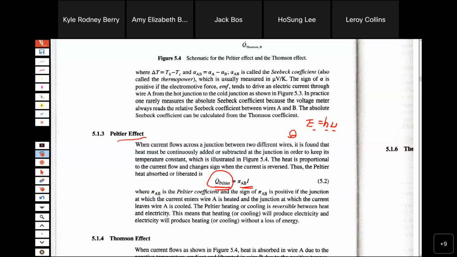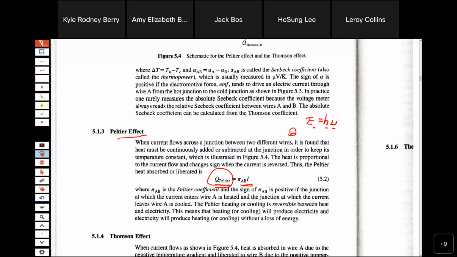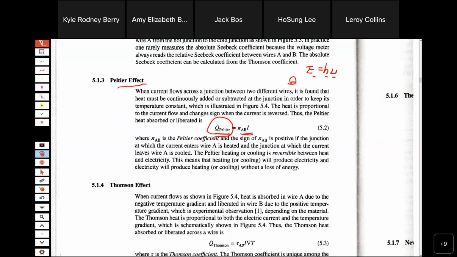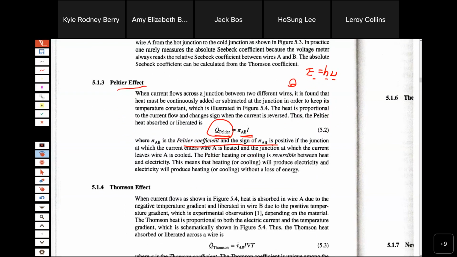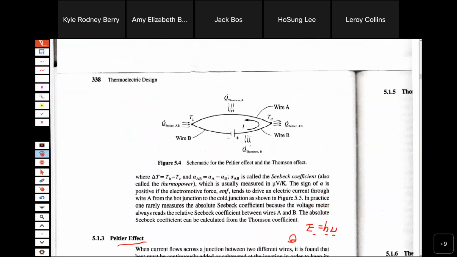So interesting is once we have current, one side is heating, the other side is cooling. We can have a refrigerator just to pass current. We can have cooling. This is so interesting. Or if you have thermal energy, then we can have voltage and current.